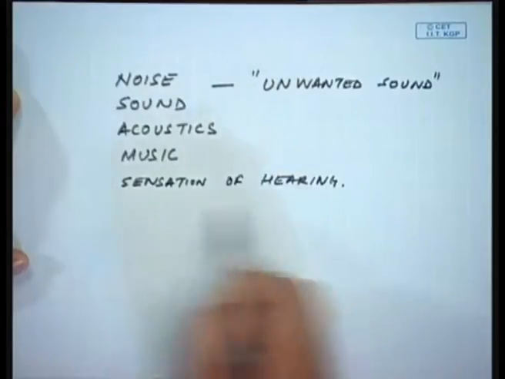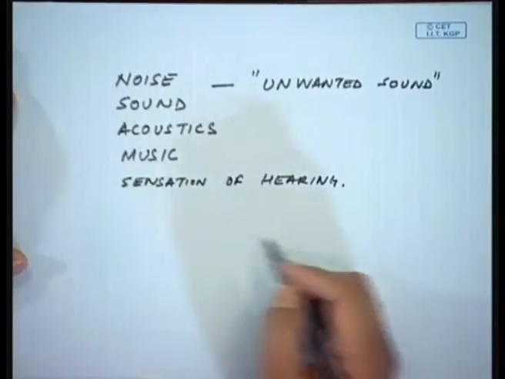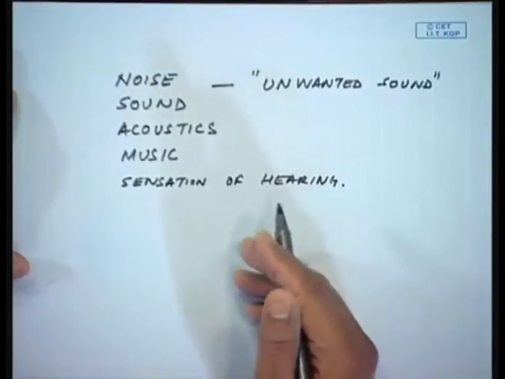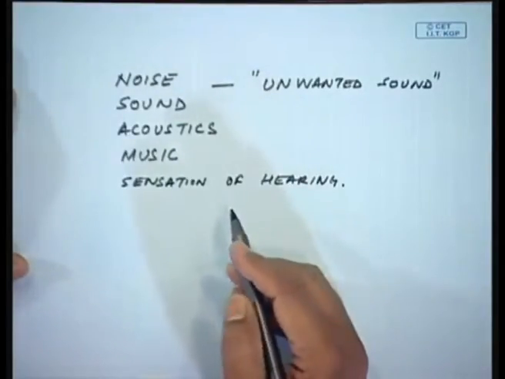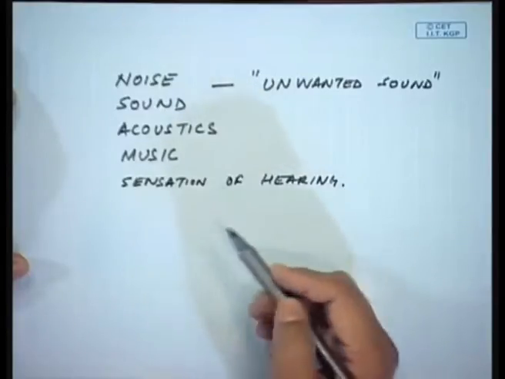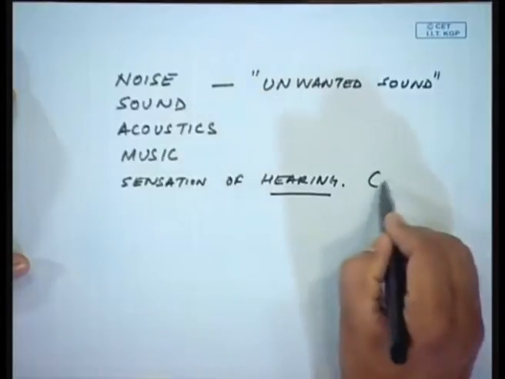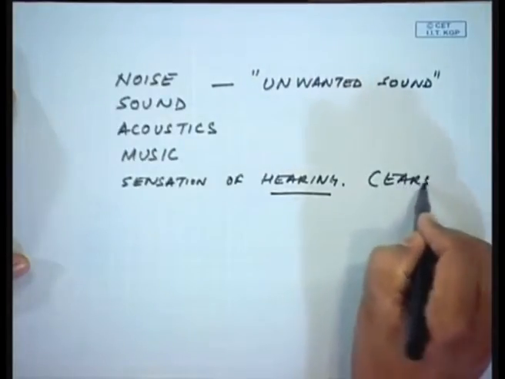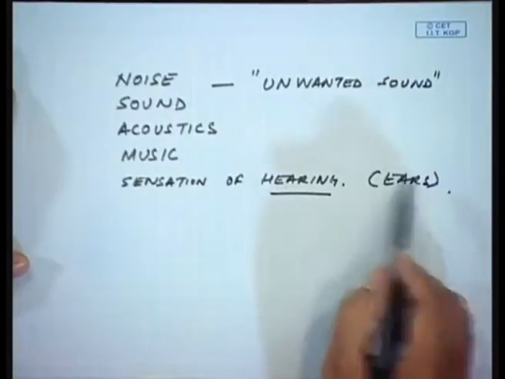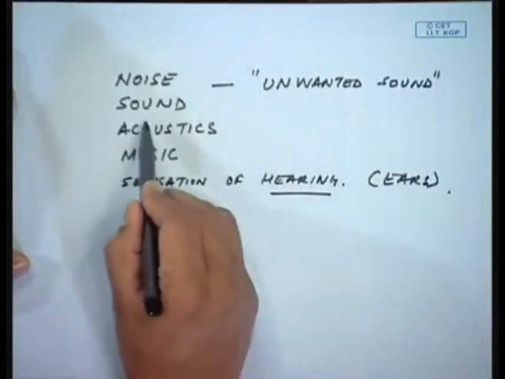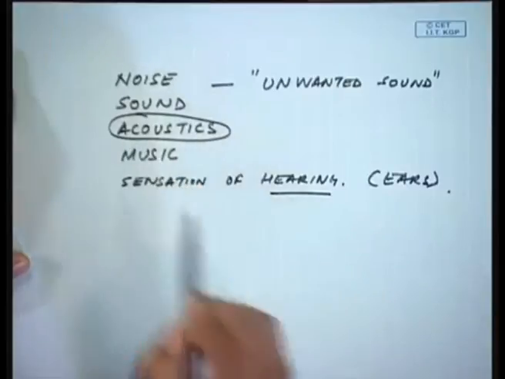And this is because of God's gift to us, a pair of ears. So, we get the sense of hearing, we hear any sound because we have our pair of ears. Okay. Sensation of hearing because of the ears, but it's a long way between the ears and the machines which we generate noise. So, what is this acoustics?